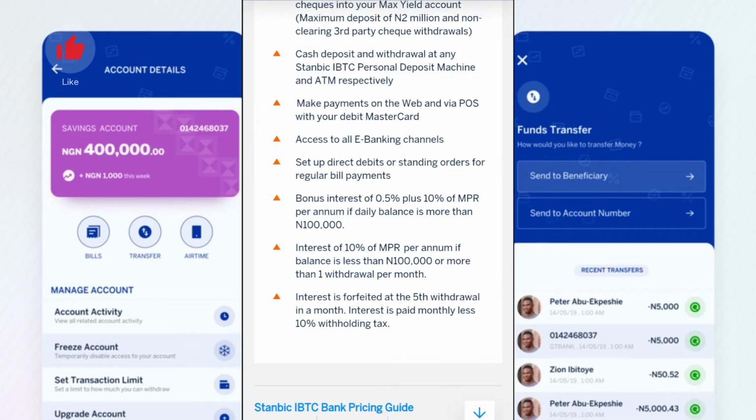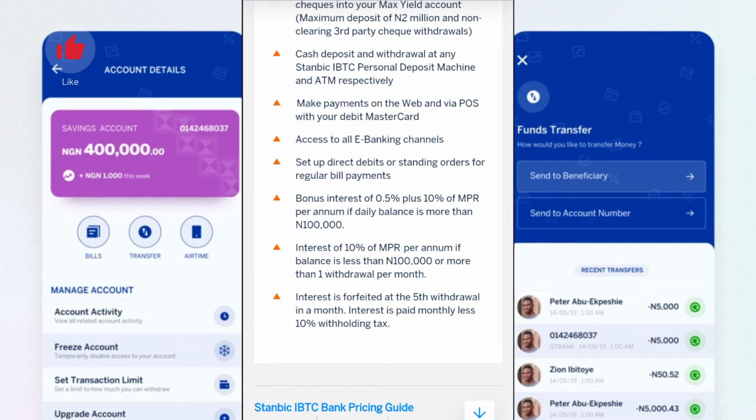If you have more than 100,000 naira in your account every day, aside from the normal 10% interest rate on this account per annum, you have 0.5% as long as there's more than 100,000 naira. So if it's 100,015 naira in that account, you will be getting 0.5% plus the normal 10% CBN interest rate.